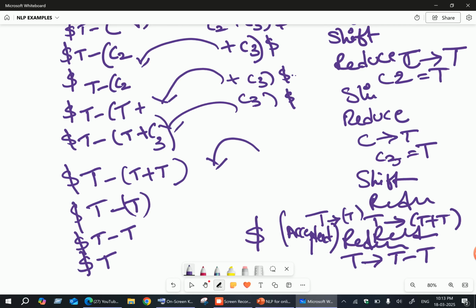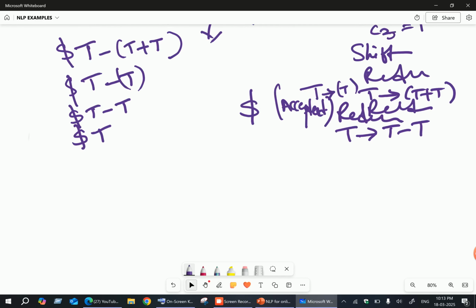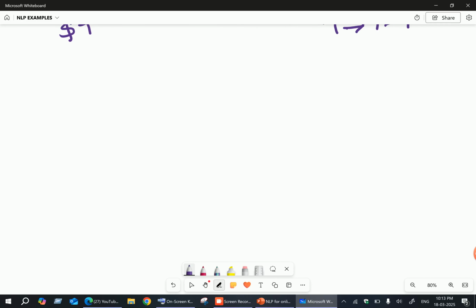Okay, so this is one method, and I'll go for another example, that is with natural language, that is English language. A very simple example I will take, and I will solve that example. So now coming to another example, an English example, a natural language example.